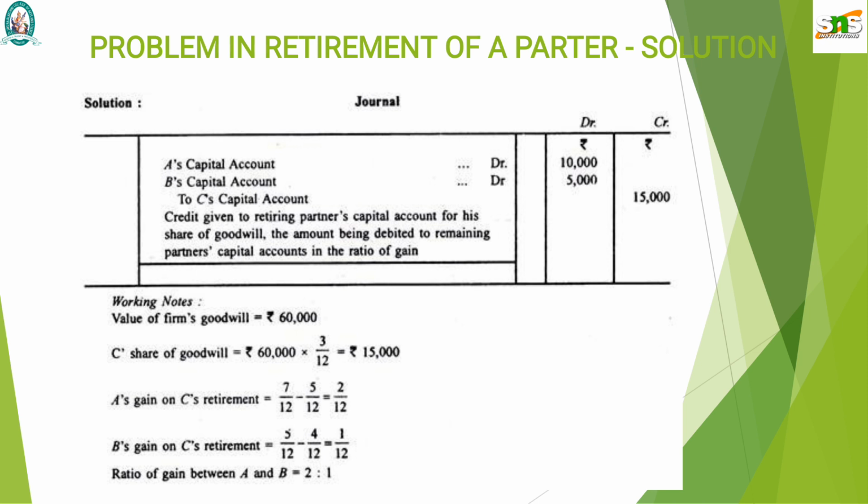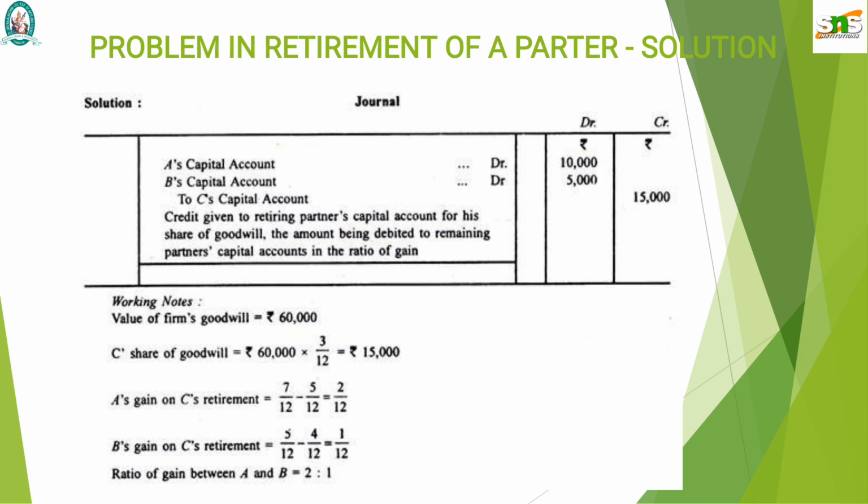That is, 15,000 is C's share of goodwill to be shared among the remaining partners. It should be debited from the remaining partners' capital accounts on the basis of gaining ratio 2:1. That is 15,000 into 2 by 3 for A and 15,000 into 1 by 3 for B, and that amount is to be debited from their respective capital accounts and credited to the retiring partner C's capital account.